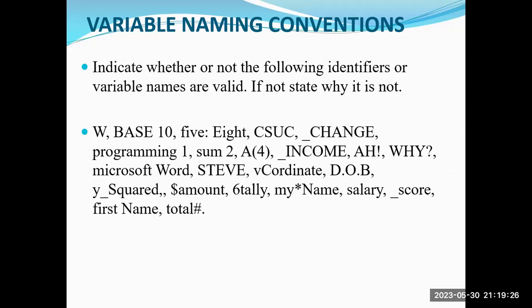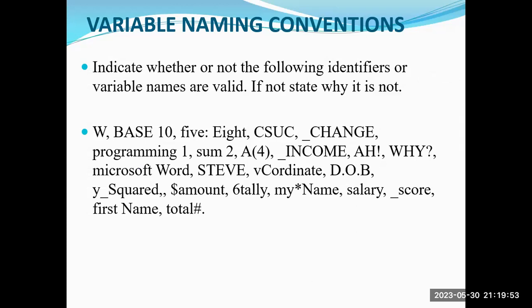Christian. So Christian, that is invalid. Why? Sir, because of the special character space. Very good. Thank you very much. Because of the special character, that makes it invalid.